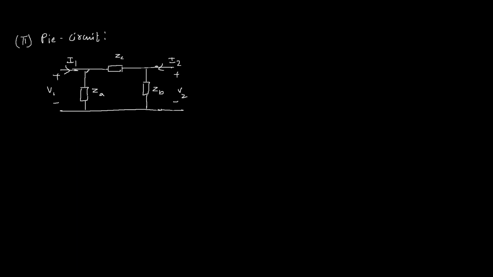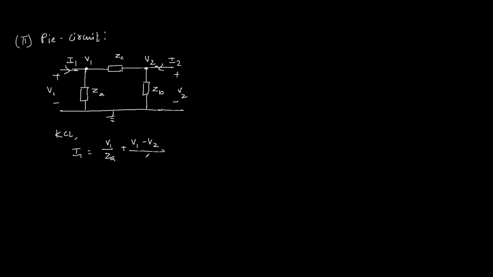So to find the Y parameter, let us apply the KCL at the node with voltage V1. KCL at V1, current entering is I1, current leaving through ZA is V1 over ZA, and current leaving through ZC is V1 minus V2 over ZC, because voltage here is V2. This node is reference node.